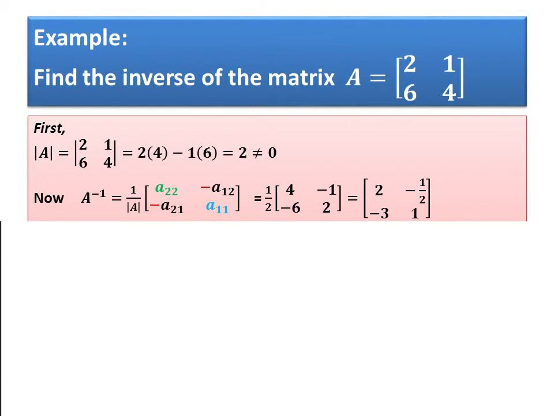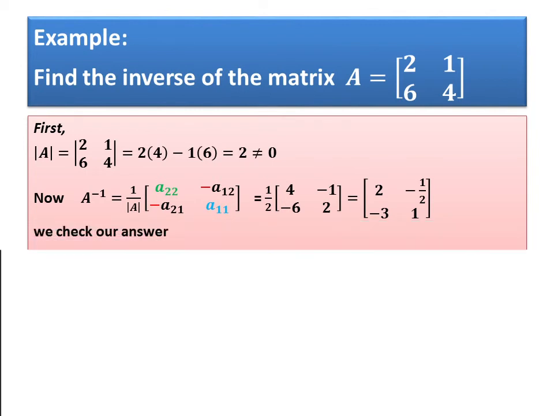Now we need to check our answer, that the matrix which we got, and I read it row by row, 2, minus half, minus 3 and 1. This is the matrix of A minus 1. We need to check if the product from the left and the product from the right by the matrix A will give us the identity or not.